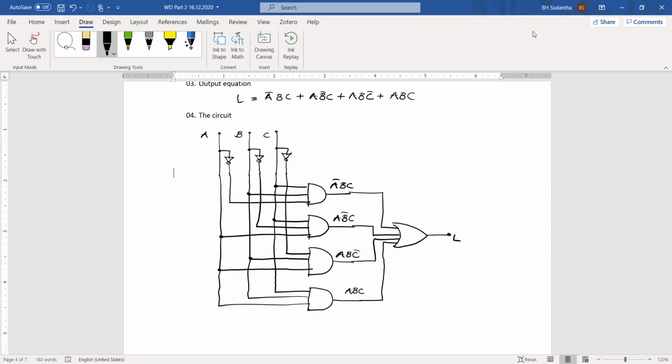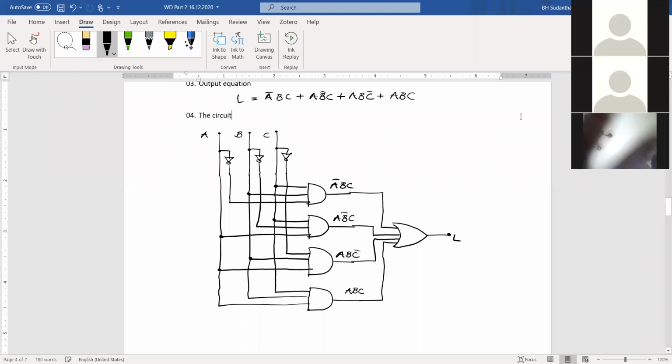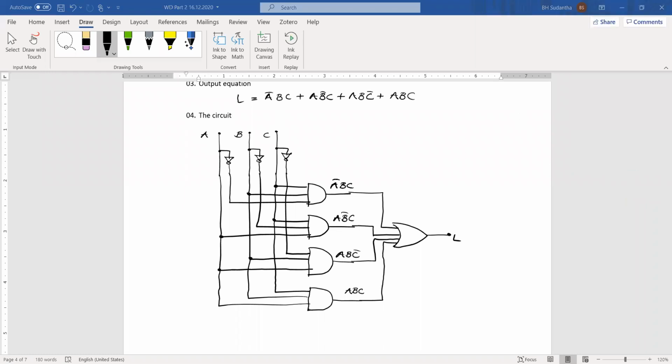You have to consider all three variables. Okay, if you're okay with this, shall we try another problem, something like this?